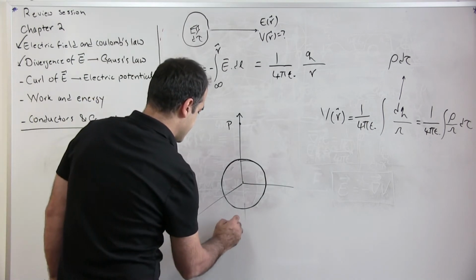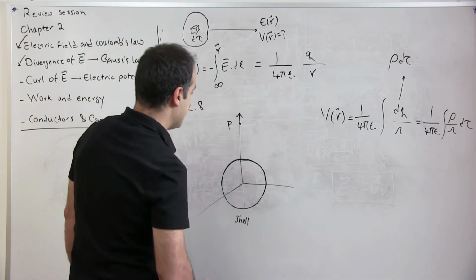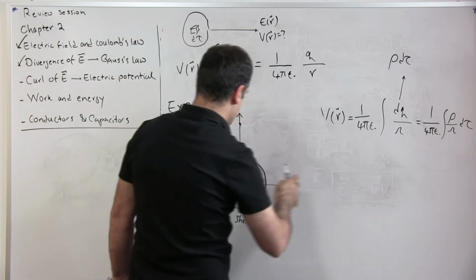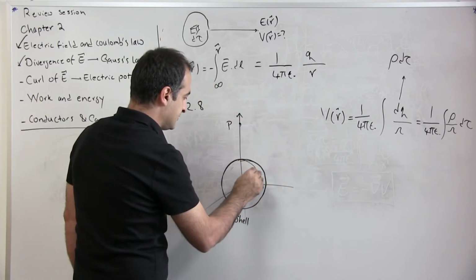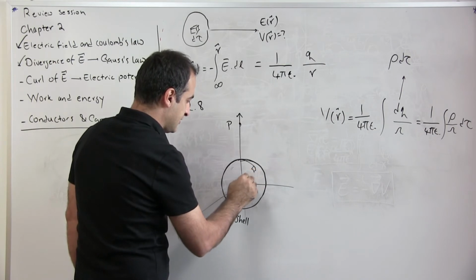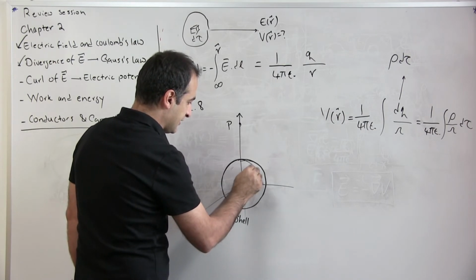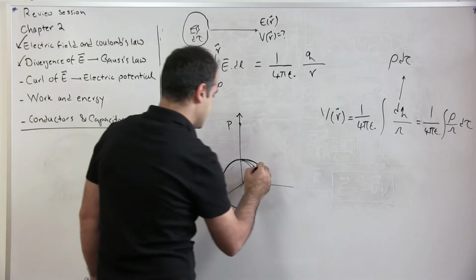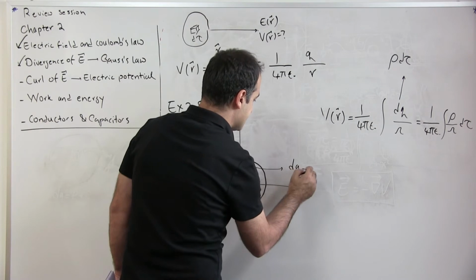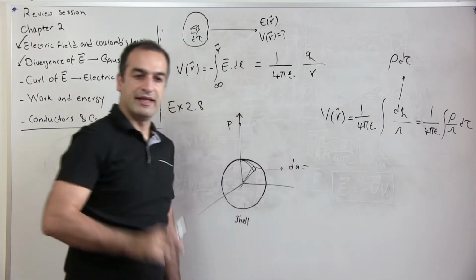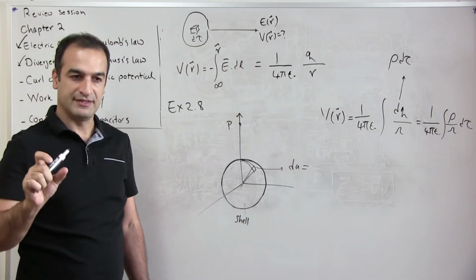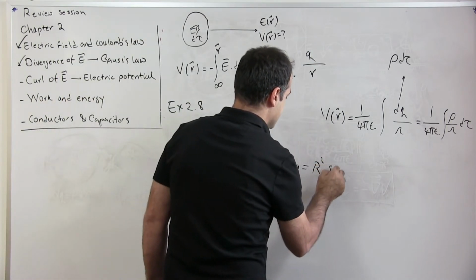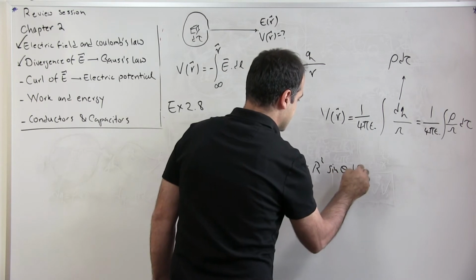If you have a spherical shell and you're trying to find the potential here using this integral, you should integrate over the small areas on the surface of the sphere. So you want to look at the dAs, this infinitesimal area on the surface of the shell, and that's defined by R squared sine theta d theta d phi.